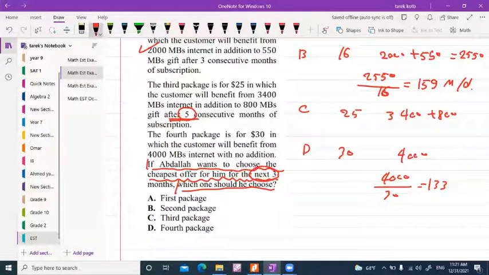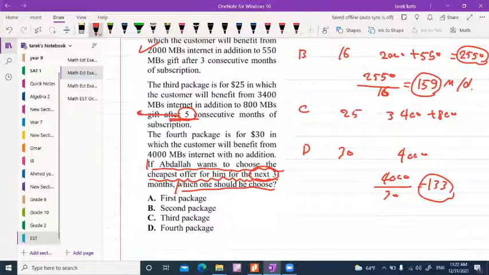So what's the best of them? The cheapest, which gives me more megabytes per dollar. More megabytes per dollar is given by this option, compared with this and compared with this. So my choice will be B. You got it?